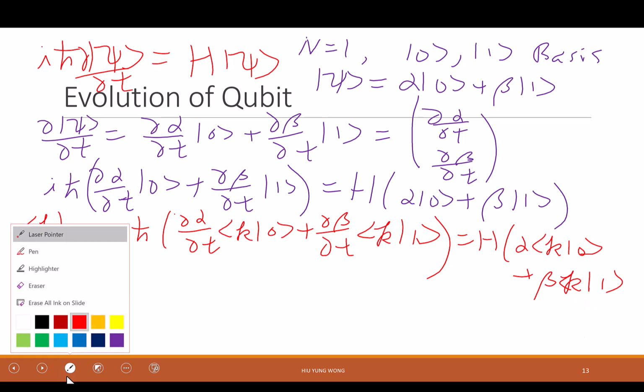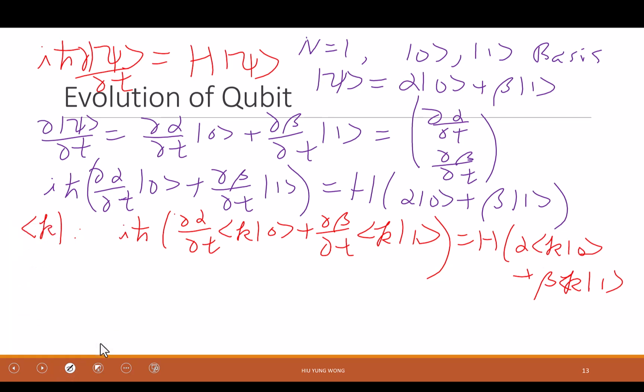Now, if k equals 0, what do you get? The 1 will be gone, because they're orthonormal.